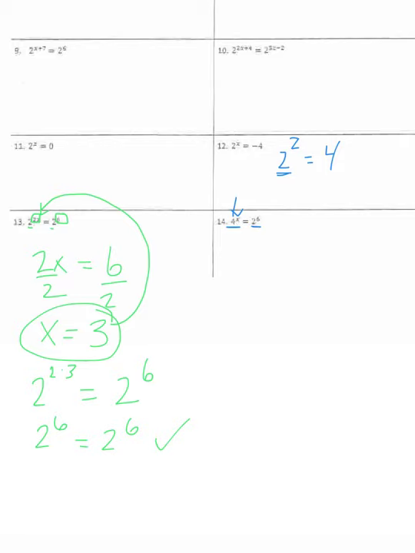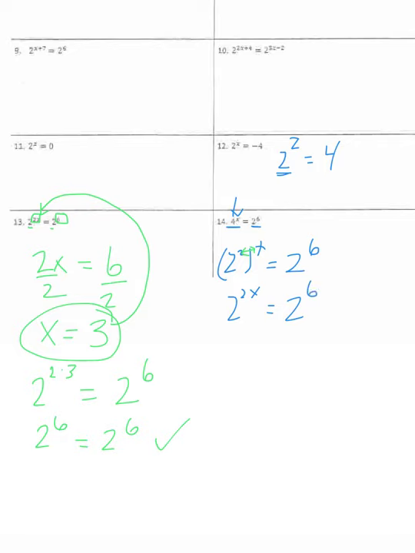So we have 2 squared, the exponent x equals 2 to the 6th. Now if we multiply the 2 and the x together, that would give us 2 to the exponent 2x equals 2 to the 6th.